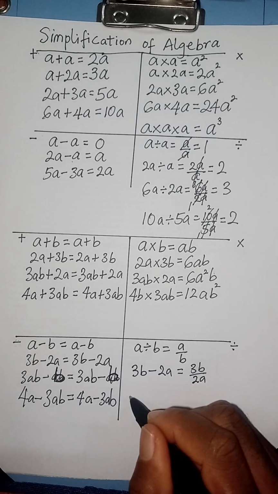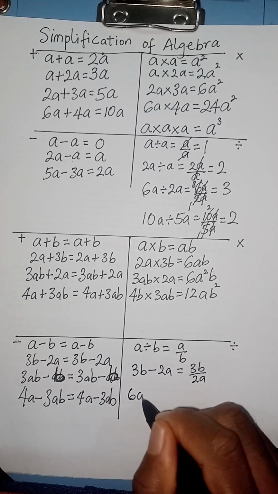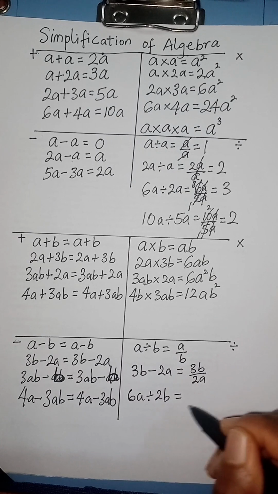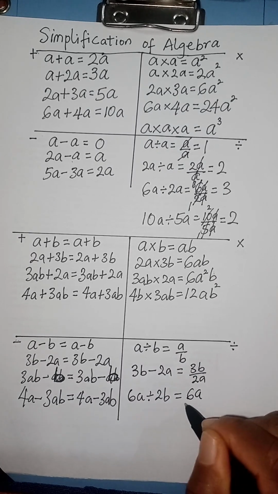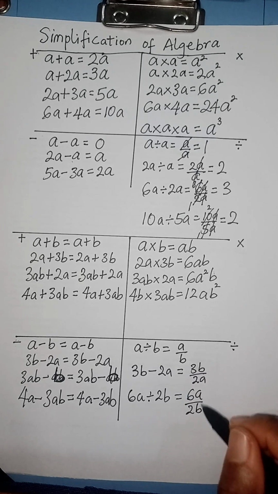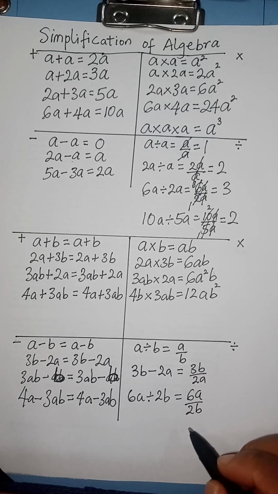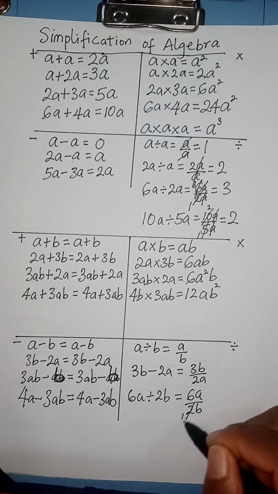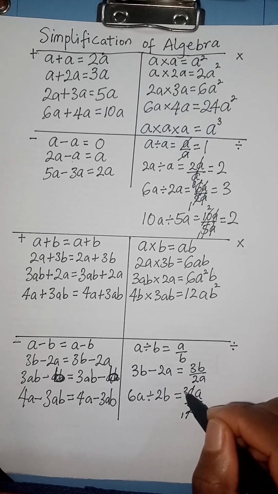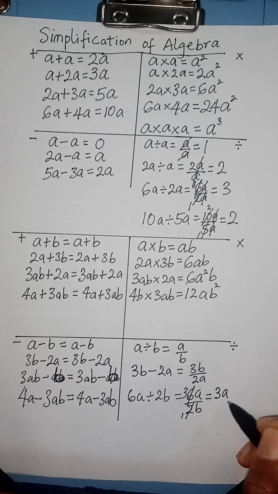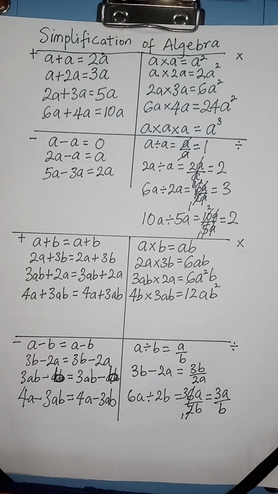If I have 6a divide 2b, this will be 6a divide 2b. Now, even though the a cannot divide the b, we'll notice that there's a factor that can divide 6 and 2. So 2 can divide 2 to be 1, and 2 can divide 6 to be 3. So the final result is 3a over b.